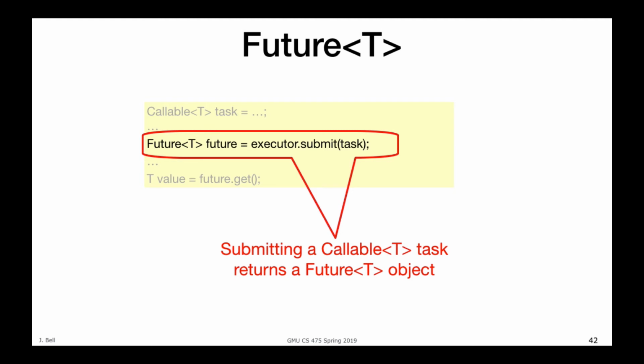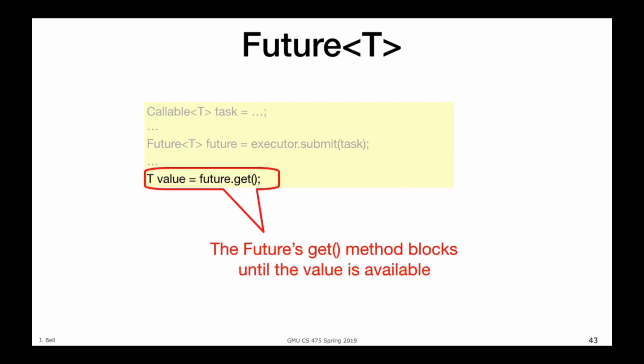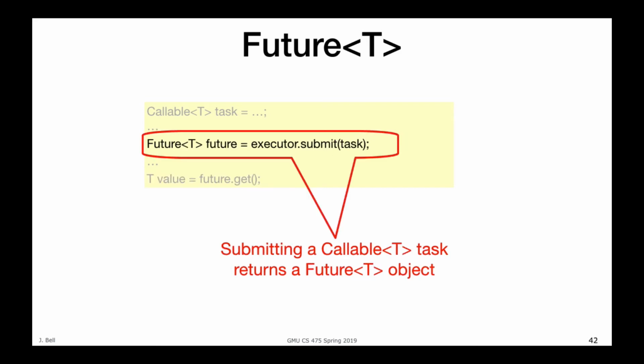This Future object has a method get, and when we call get, it blocks, so it waits to return until that value becomes available. What's going to happen concurrently here is that when we call executor.submit, somewhere in the background, surely in another thread, our task is going to start running.